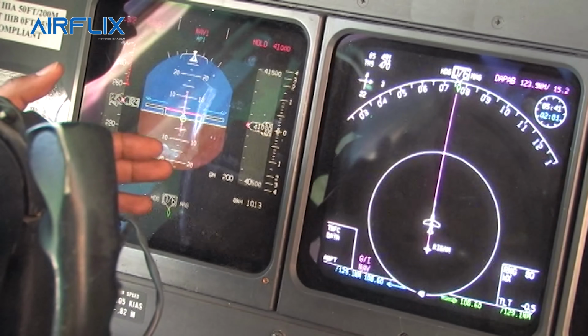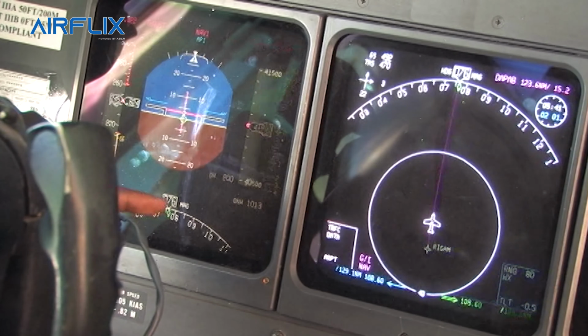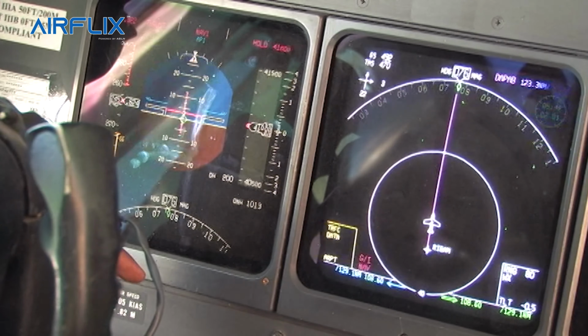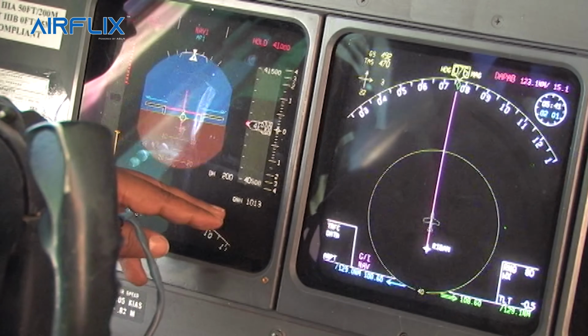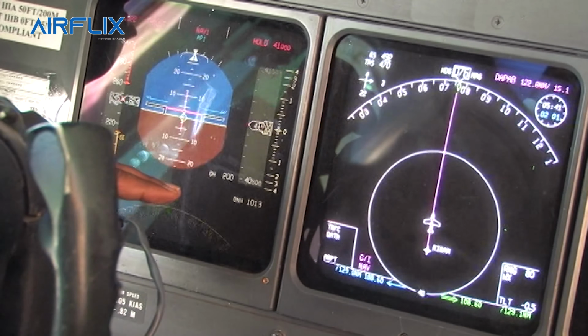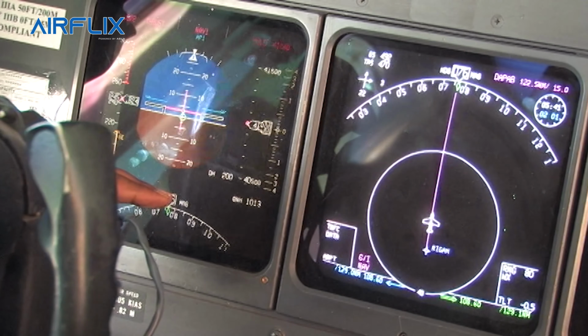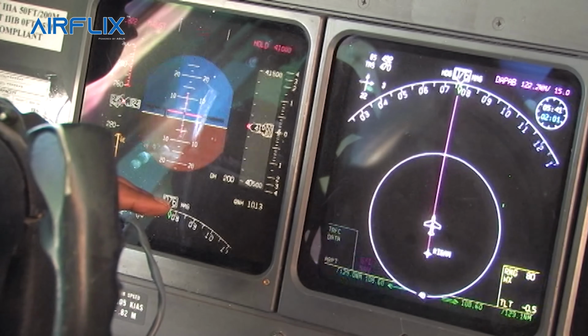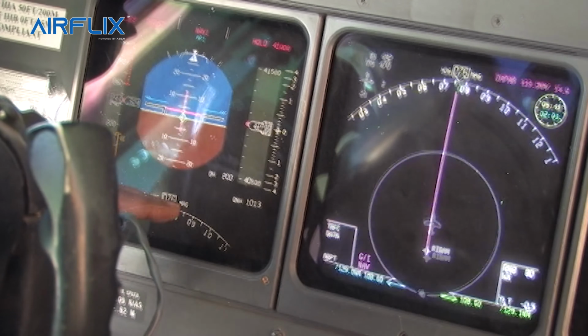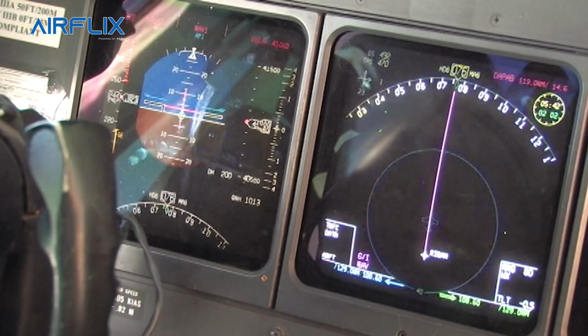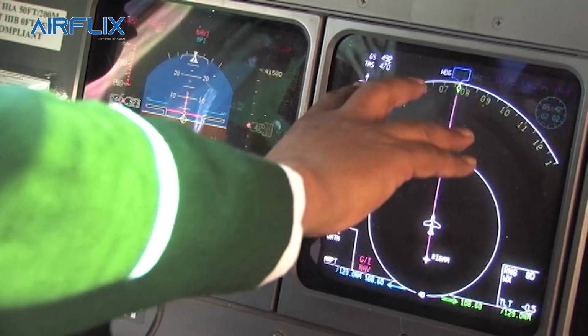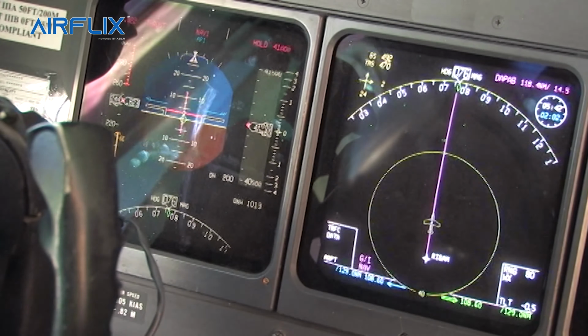So if you're climbing or going down, it will tell you at what rate you are going up or down. Over here we have the QNH, that is the local altimeter setting that we have to put to make the altimeter reading more precise.